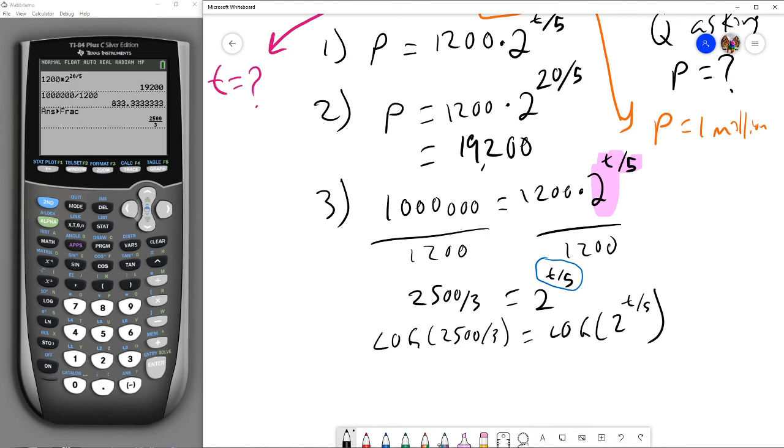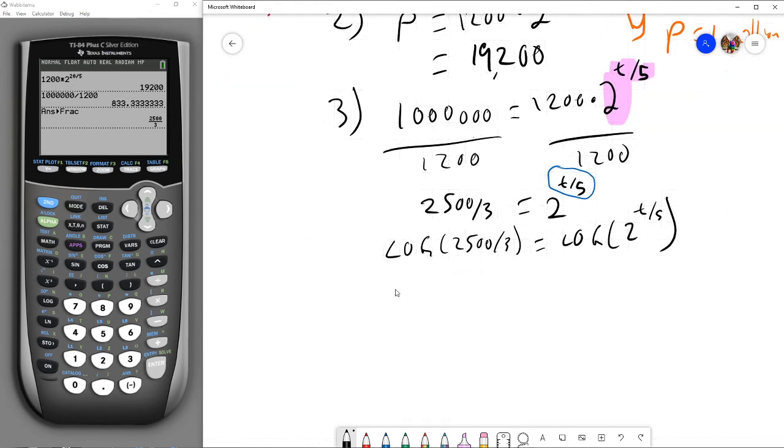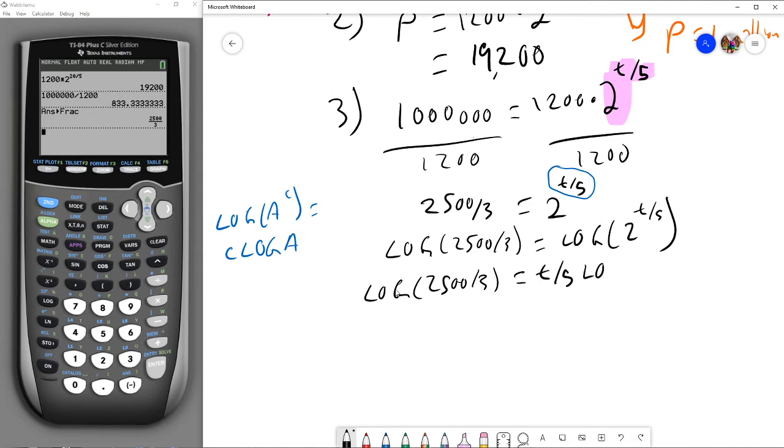And then we need to recall our law of logs. So log of a to the c is equal to c times log of a. And that's what we'll use for the right side. So we get log of 2500 thirds equal to T fifths log of 2.